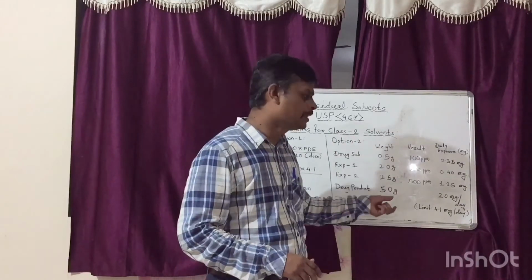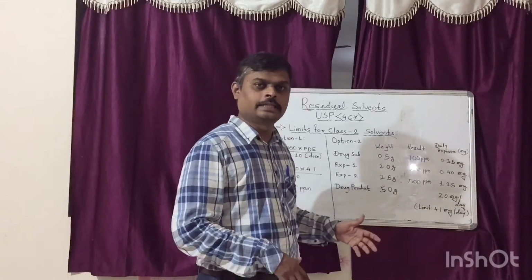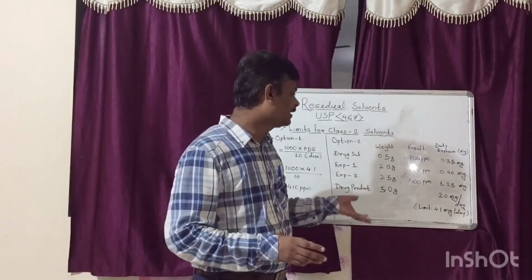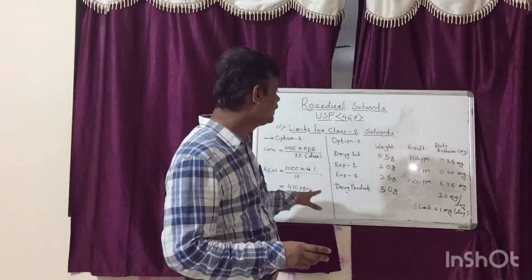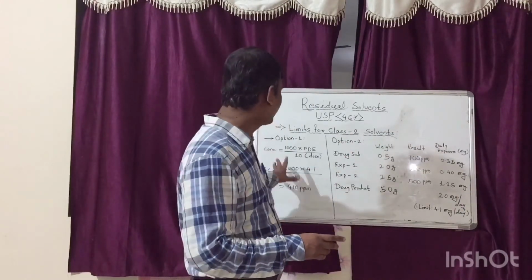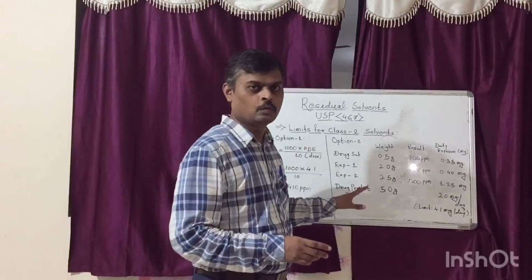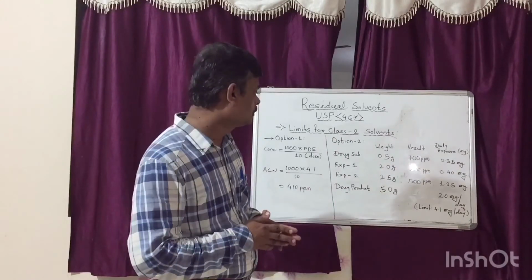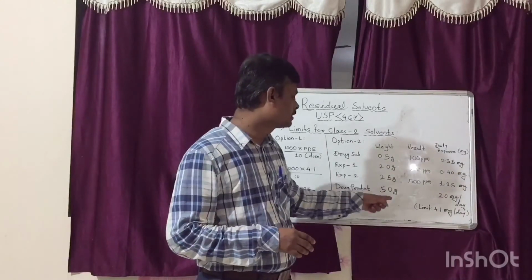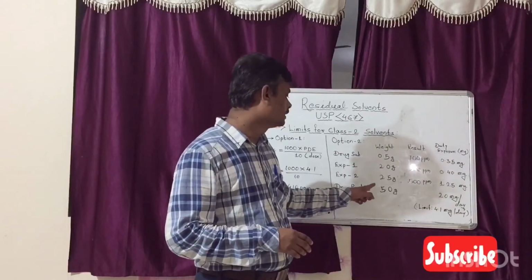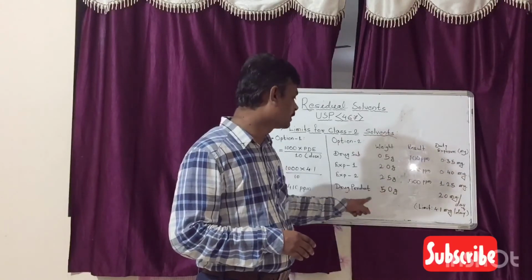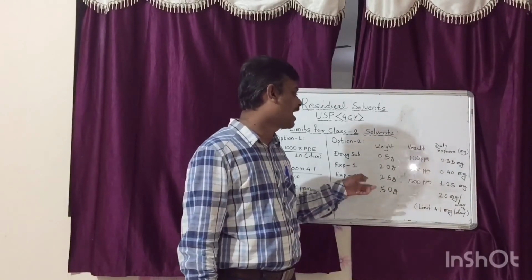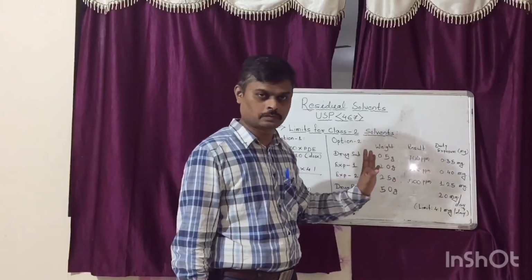This was one example related to acetonitrile. In a similar way, you can apply this option 1 and option 2 criteria for any residual solvent whose PDE is known. So, friends, based on the composition of different ingredients of drug product, you can apply option 2 limit also.